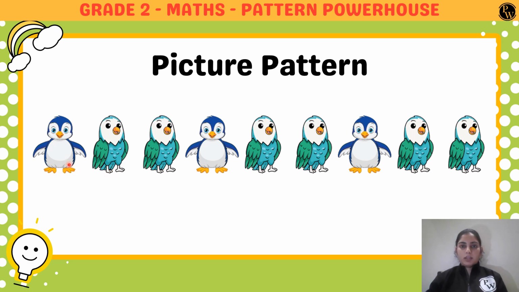If we name the first one A and these two as B and B because they both are same, we can see an A, B, B, A, B, B, A, B, B pattern over here. That means these three pictures are being repeated in an order. So it is forming a picture pattern.